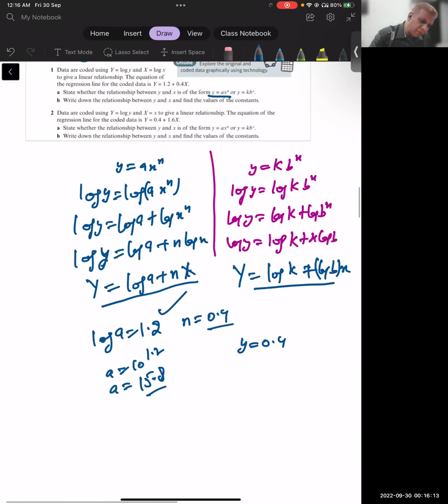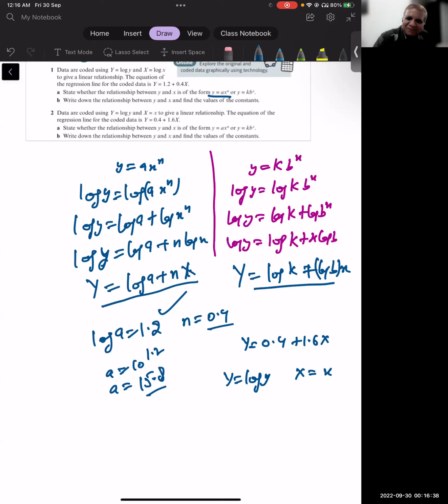Y is equal to 0.4 plus 1.6x, right? Here y is log y, but x is small x, it is not log x.